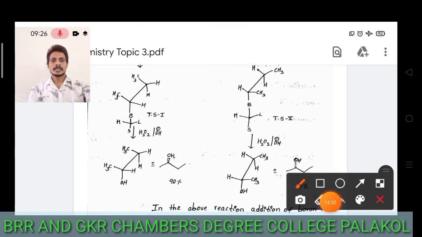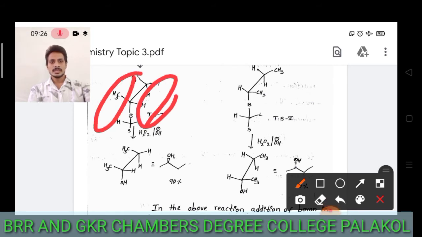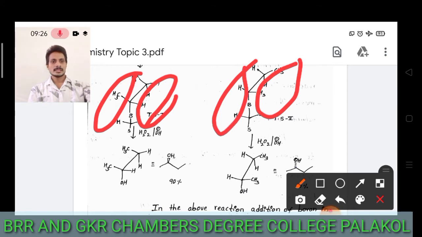In this transition state, the large group and hydrogen atom are present in the same plane, and the medium group and methyl groups in the same plane. In this other transition state, the methyl groups and large group are in the same plane, and the hydrogens and medium group are in the same plane.